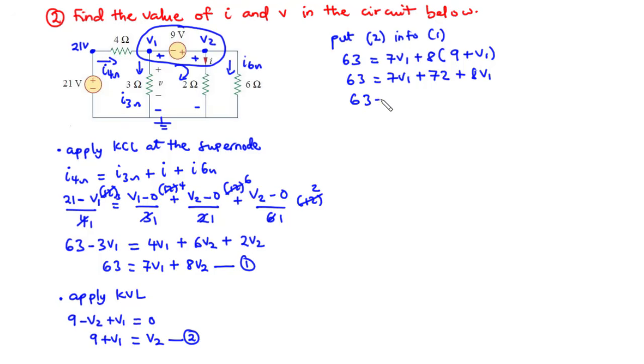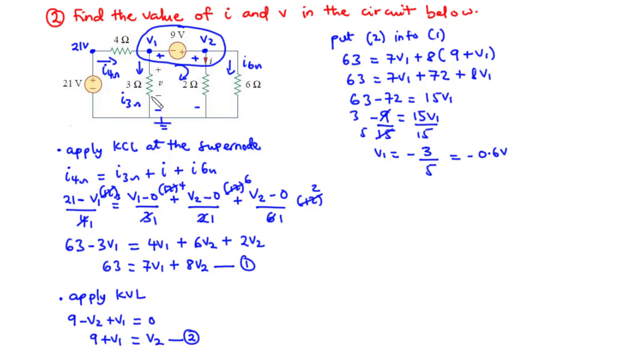So this becomes 63 minus 72 equals 15V1. 63 minus 72 is negative 9, and then equals 15V1. We divide through by 15, and then we have V1 equal to, now 3 goes here 3 times, and then 3 goes here 5 times. So we have negative 3 over 5, which is equal to negative 0.6 volts.